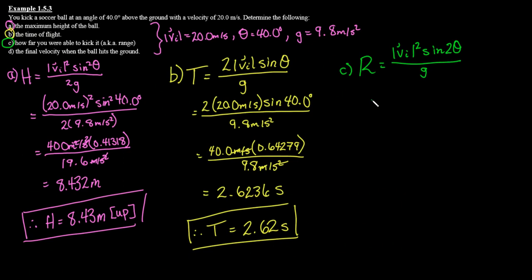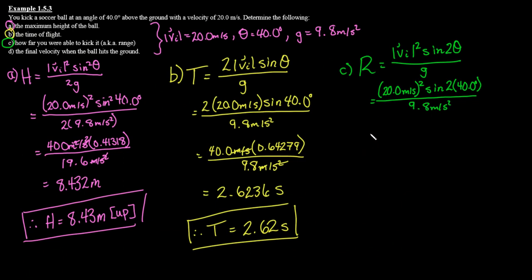So remember you can use the exact same variables again. So we get 20 meters per second all squared times sine of 2 theta, which is 40 degrees, all over your 9.8 meters per second squared.